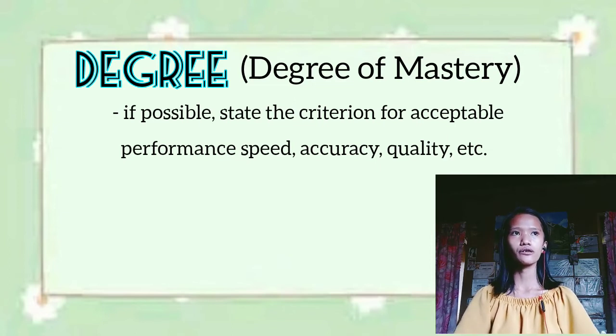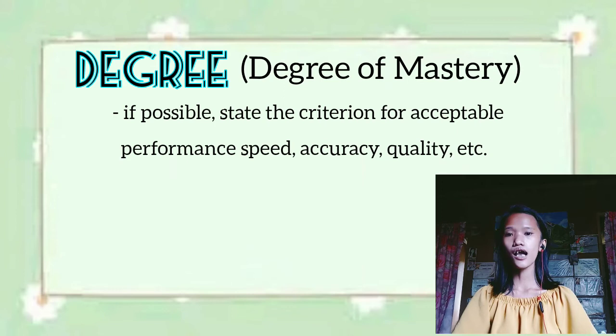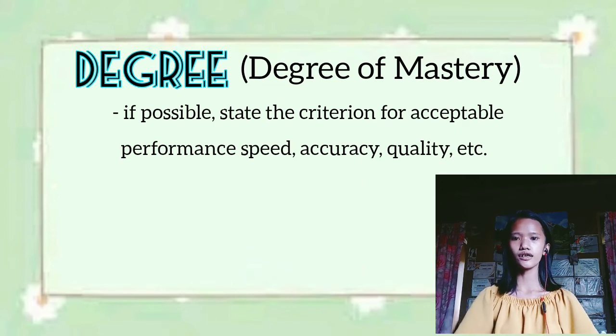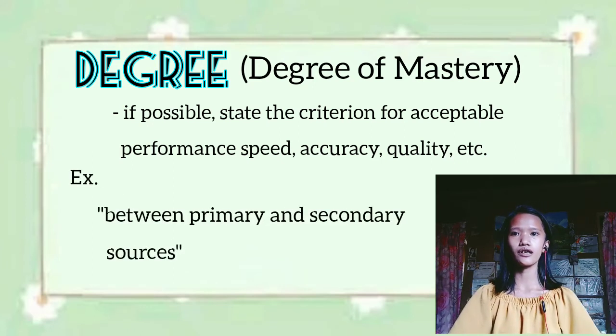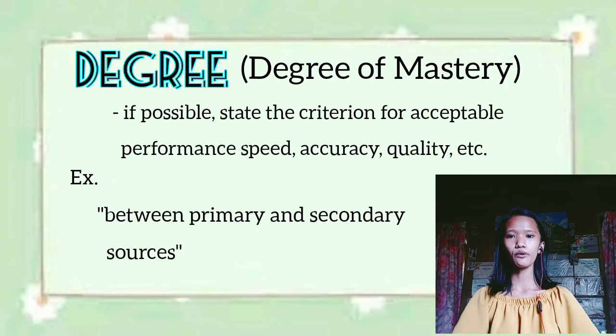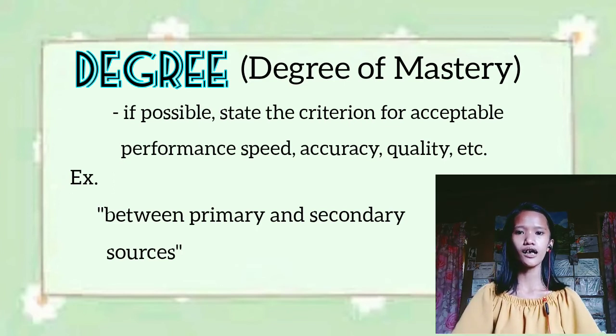It is also the boundary kung saan o hanggang kailan magtatakbo yung bata or yung learners. For example, between primary and secondary sources. That example is specific and madali lamang ma-identify ng bata kung ano yung goal niya, kung ano yung kailangan niyang hanapin o kailangan niyang i-perform.